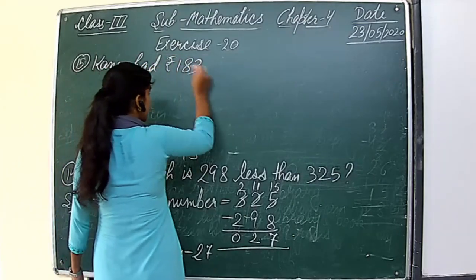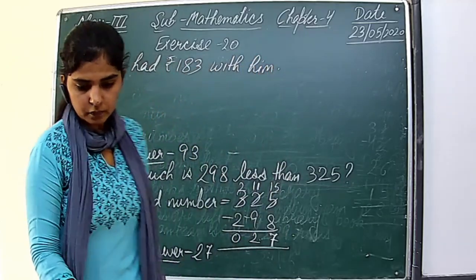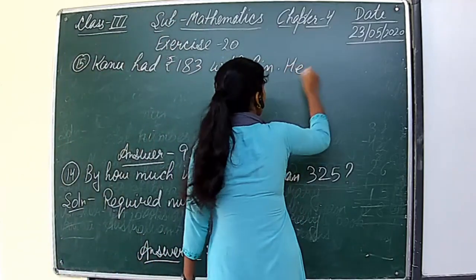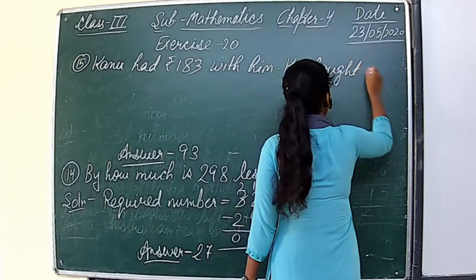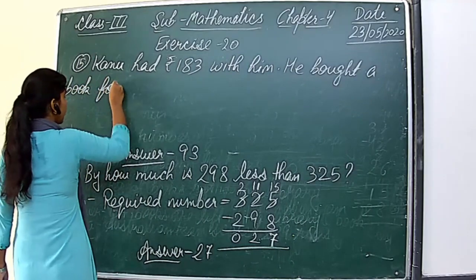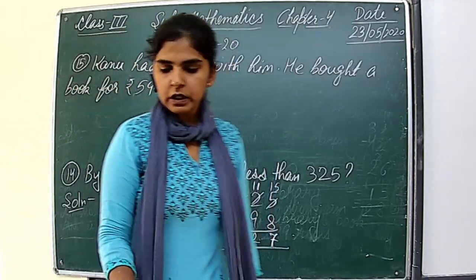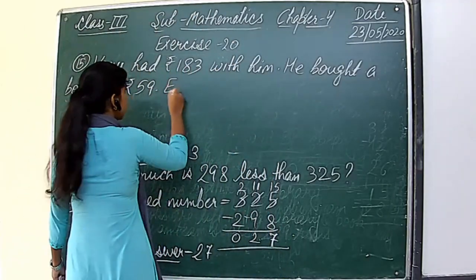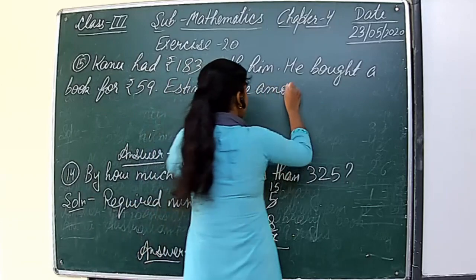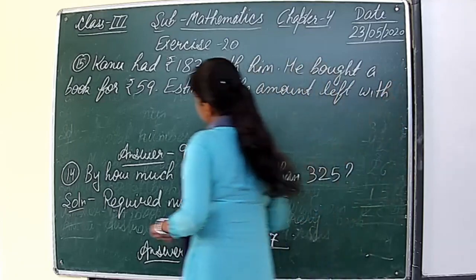He bought a book for rupees 59. Estimate the amount left with him.